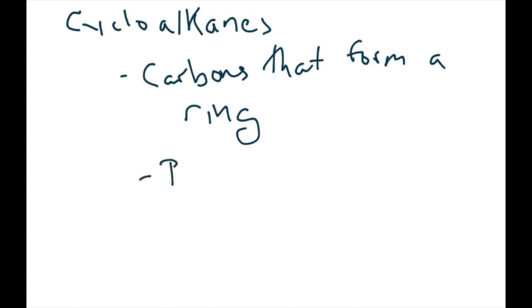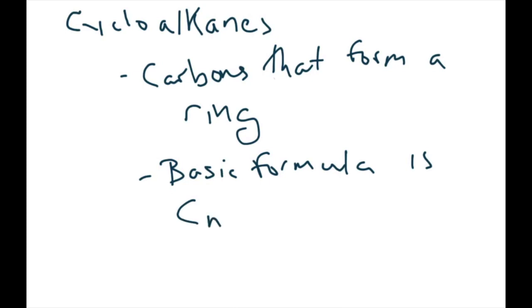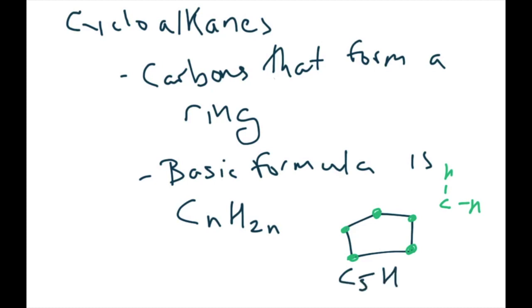The basic formula is just CnH2n, where n is the number of carbons, which makes sense because if you look at this structure, every carbon in the ring is simply a CH2. Right, so it's just a bunch of CH2 stuck together. So this is C5H10.